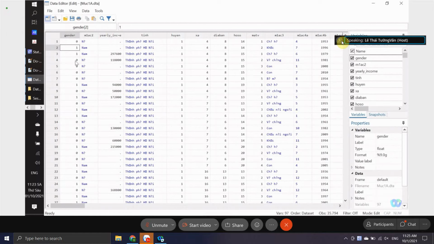If a person is female, gender takes the value of 0. So the dummy variable will represent any specific characteristics or effects of the group of male workers on wages and salary.